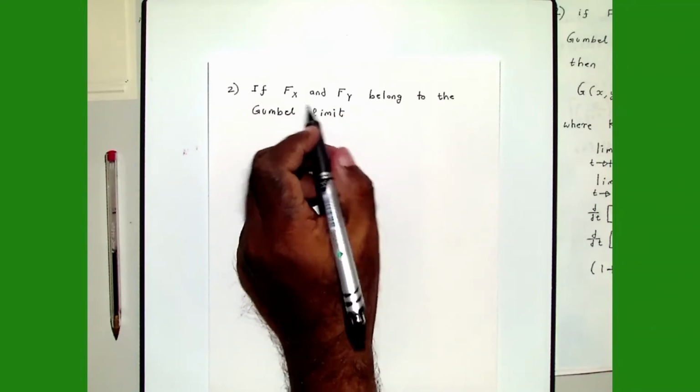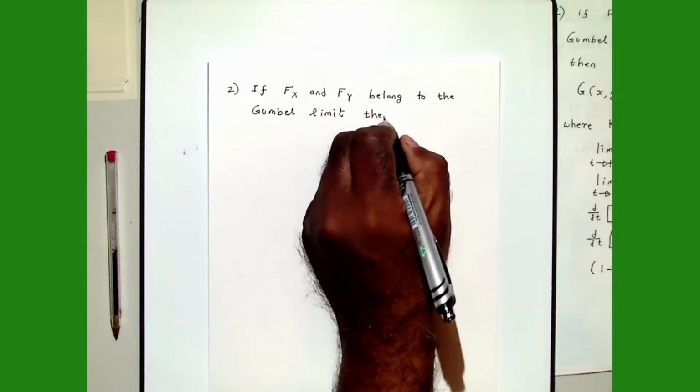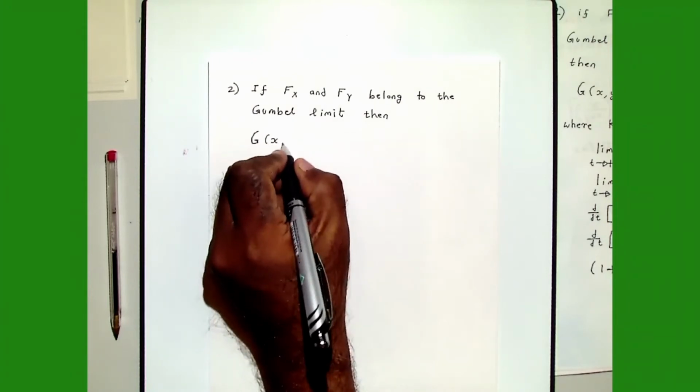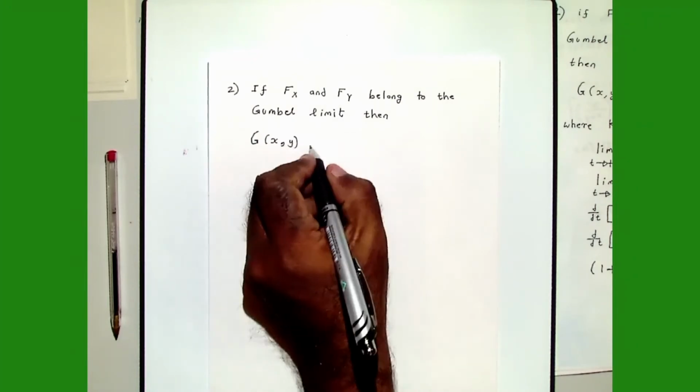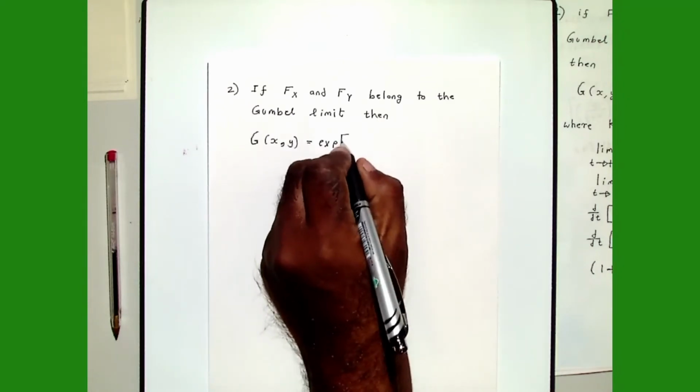If both these belong to the Gumbel limit again, then the possible forms for G, the bivariate extreme value CDF, can be expressed as follows.